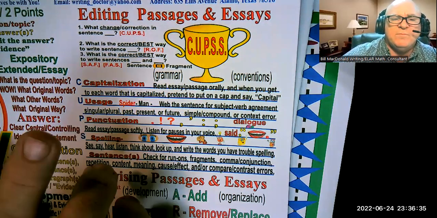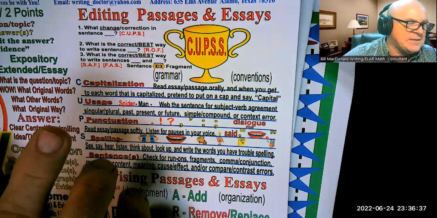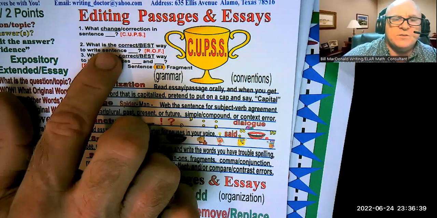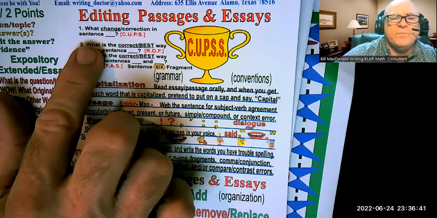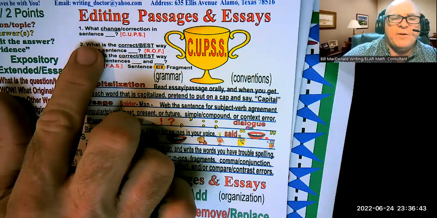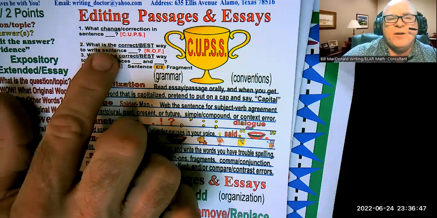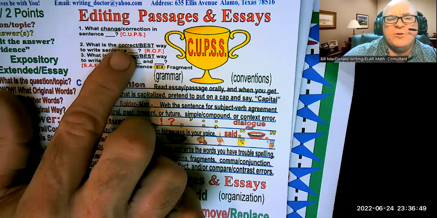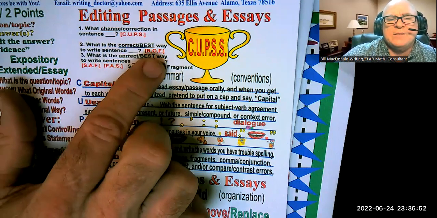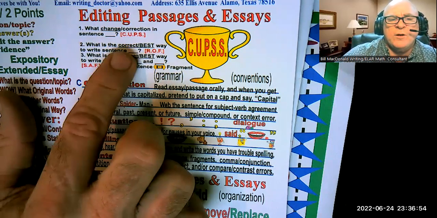We won't get into them today because that's lesson number 6 when we get up there. Whenever it says what is the correct or best way to write a sentence singular, that's a ROF, which means run on a fragment, and I'll be modeling that for you with an online test and some practice, some strategies that will work.